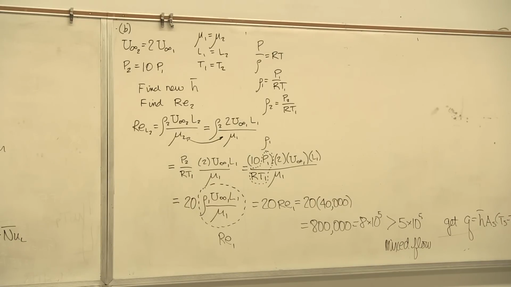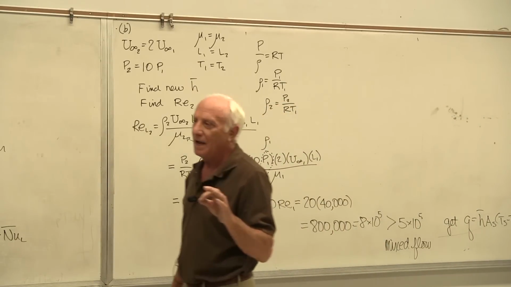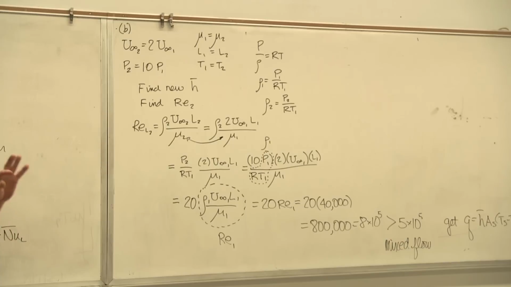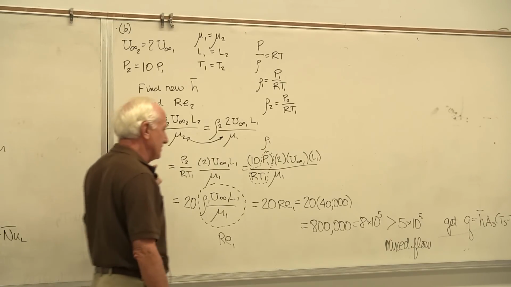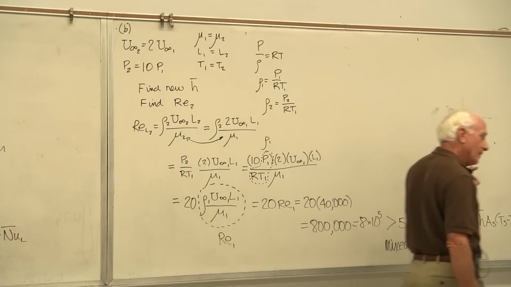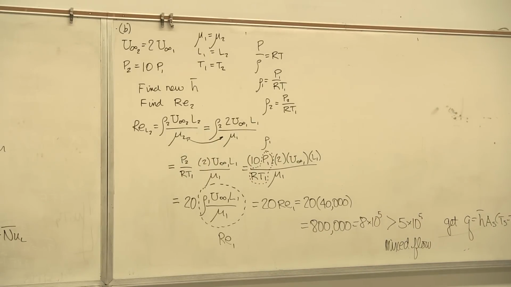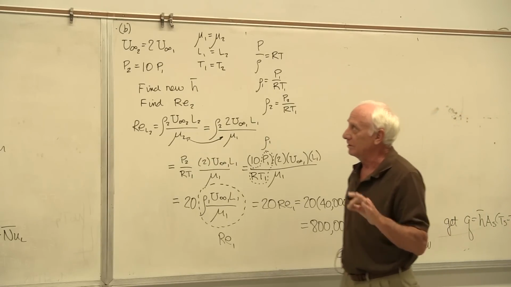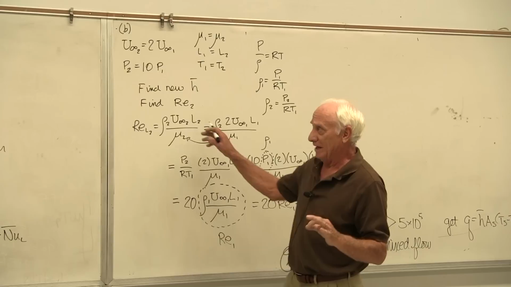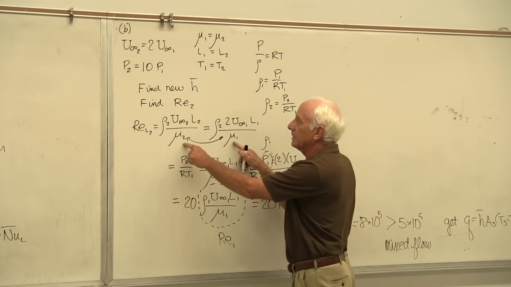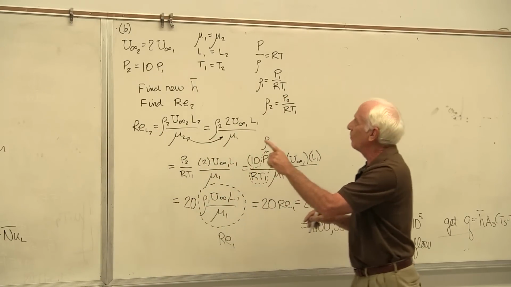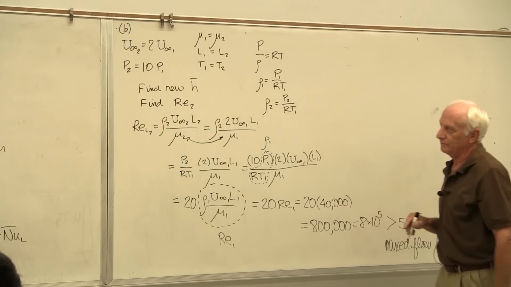Well, the first week of ME 311, the first chapter of our fluids textbook says that for an ideal gas, the absolute viscosity is a strong function of temperature, but it's not a strong function of pressure. Conclusion, it's not going to change when you increase the pressure by 10. It stays the same. Does the density change? Yeah. Why? Because you see pressure right there.